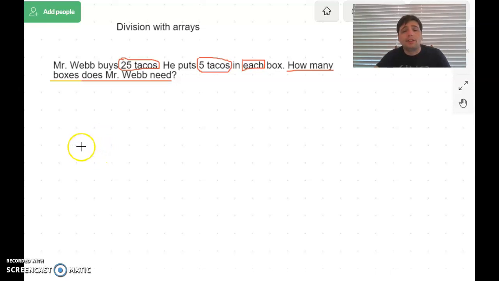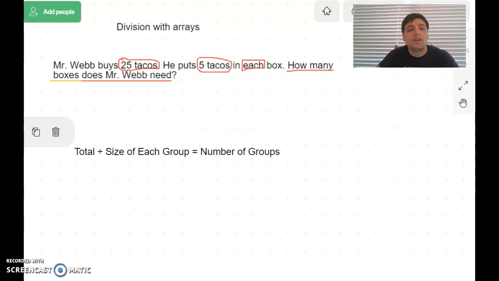If you remember my division sentence, I have my total divided by my size of the group, and that will equal my number of groups. So I can plug in my numbers.